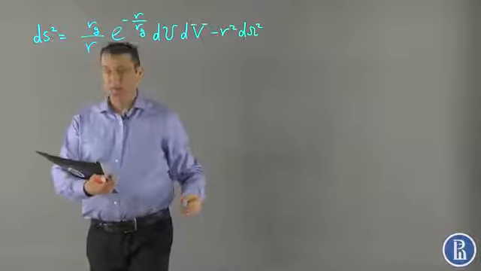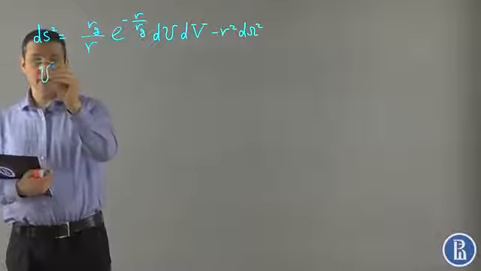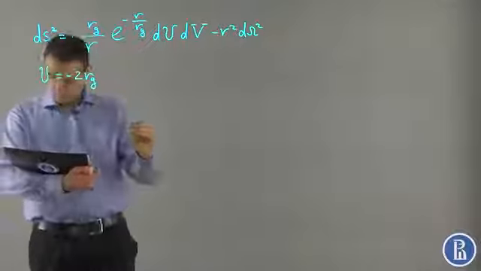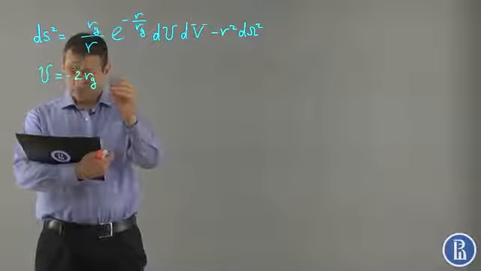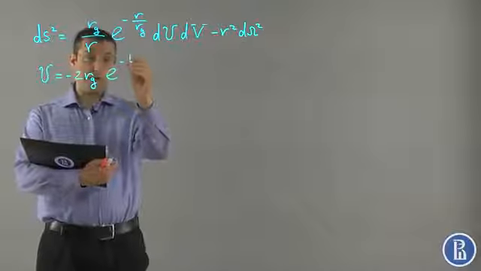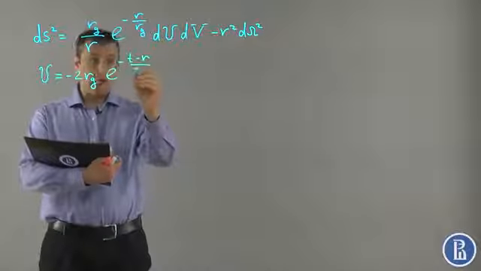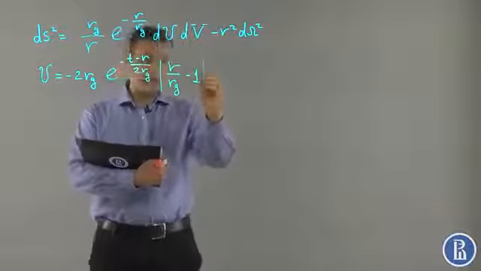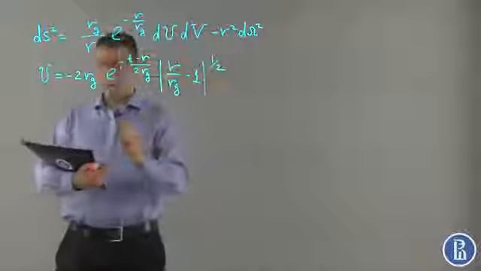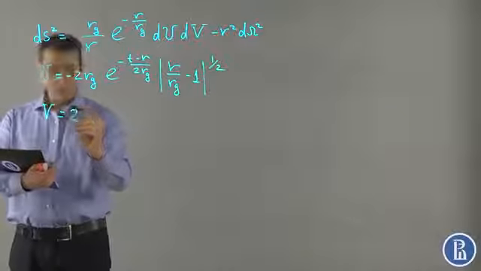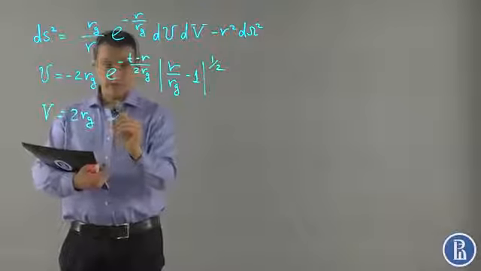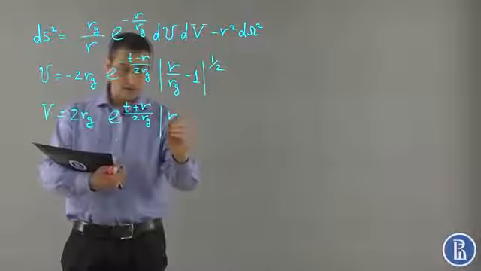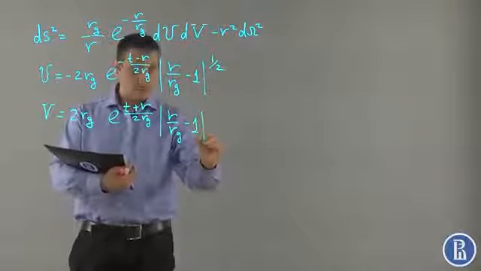And I remind you that u and v are related to the original Schwarzschild coordinates as follows: u is 2rg minus 2rg exponent of minus (t minus r) divided by 2rg times (r divided by rg minus 1/2), and v is equal to 2rg exponent of (t plus r) divided by 2rg multiplied by (r divided by rg minus 1/2).